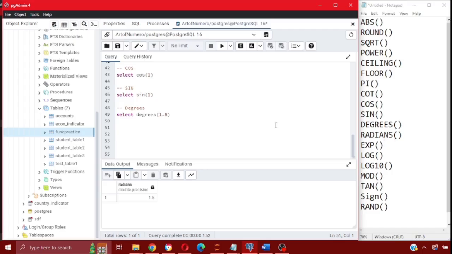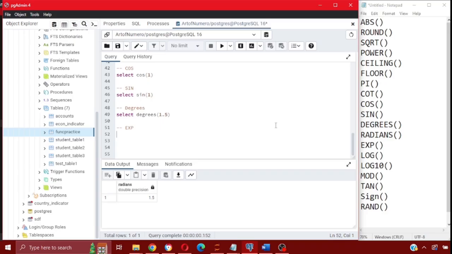The next function is going to be the exponential function, or EXP. What it does is return the value of e, which is the base of the natural logarithm, raised to the power of x. So the EXP function returns e raised to the power of a specific number.